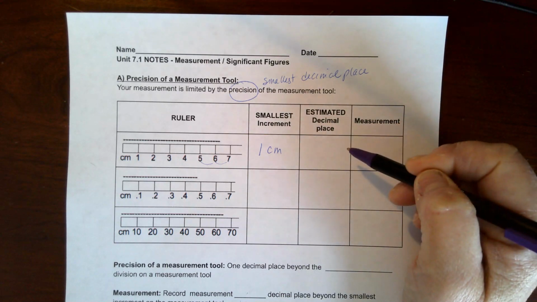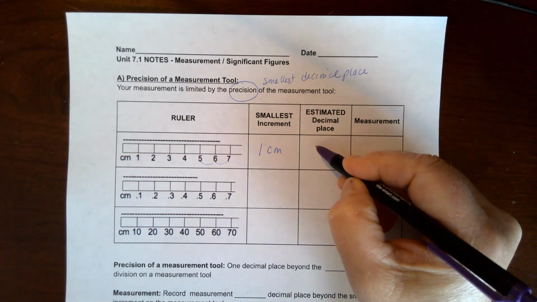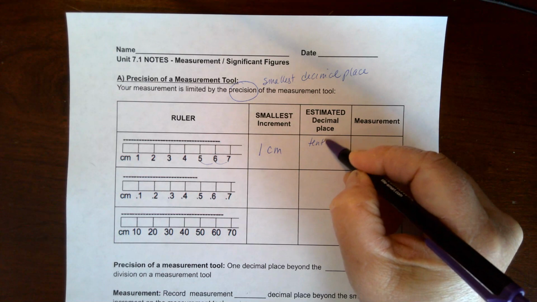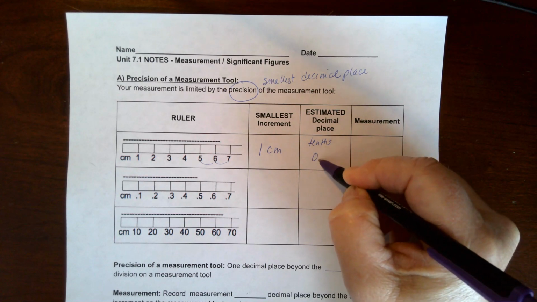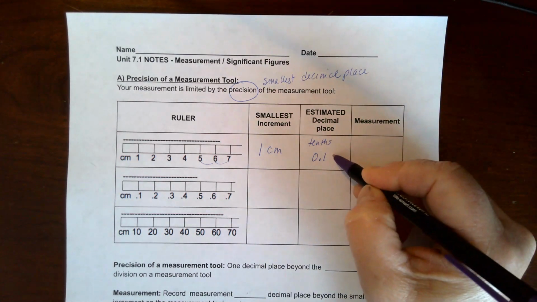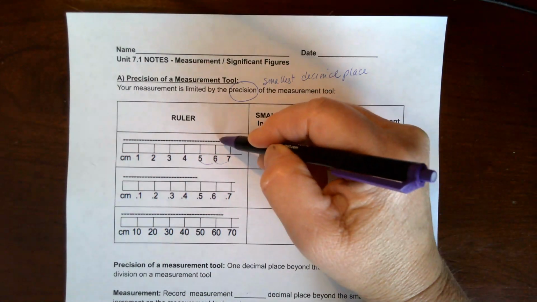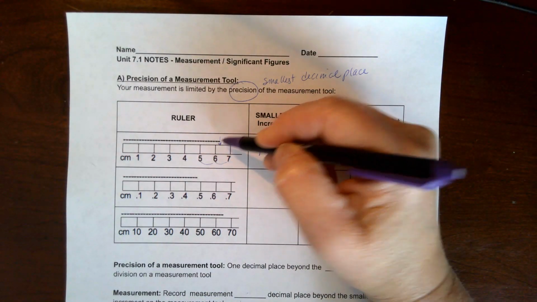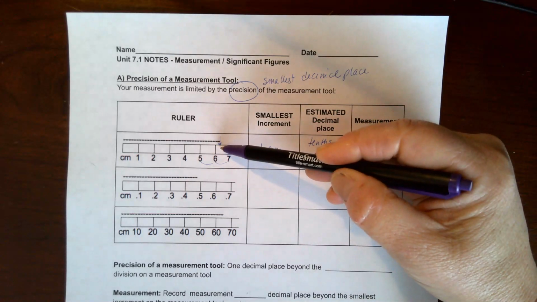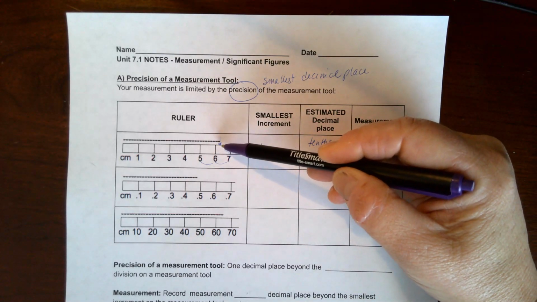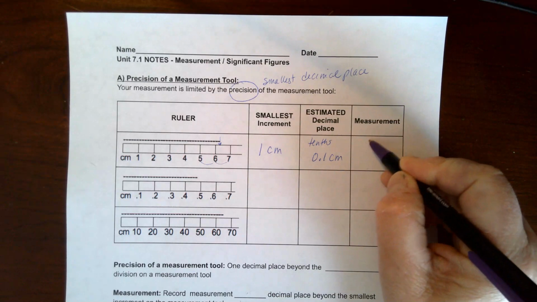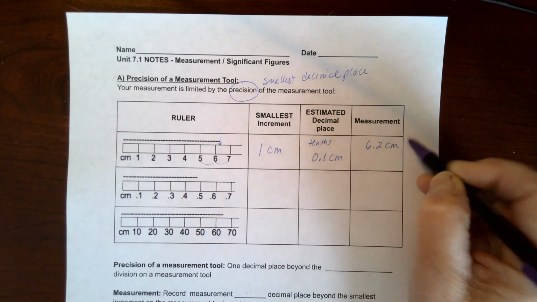That means you are going to have to estimate to the nearest tenths place, right? So you're going to be reading this to the nearest 0.1 centimeter. That means this line, if you are measuring this line, we have to estimate what decimal place that line falls on. And if we look carefully, we might say that that works out to about 6.2 centimeters.